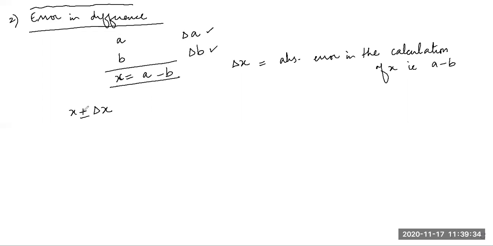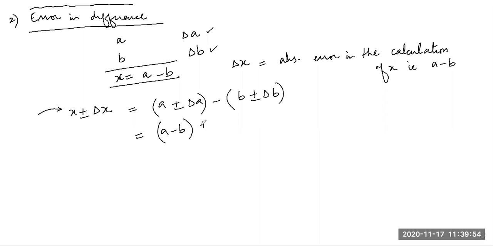Now, what does it mean? That is, the final quantity X, which is A minus B, with its error, would be equal to A plus minus delta A, now it will be minus B plus minus delta B. Well, this will be equal to A minus B, right? So now, what will it be, students? Can you tell?